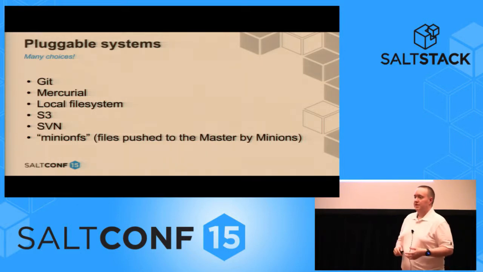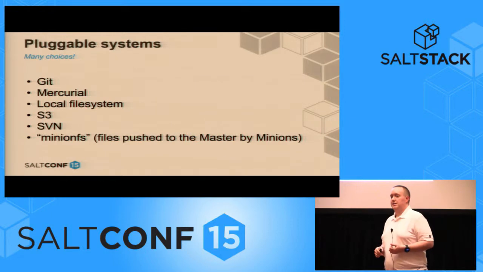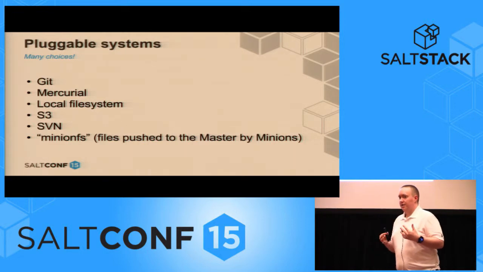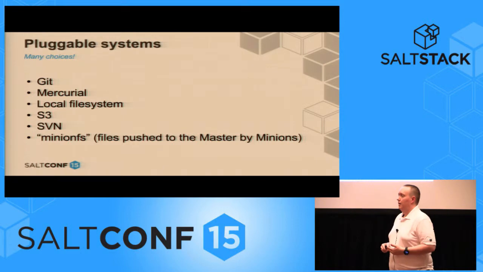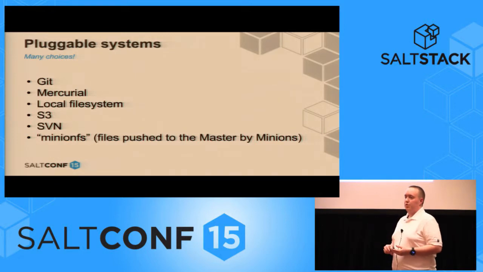What that allows you to do: has anybody ever used the cp.push function? So cp.push is not something that's enabled by default. You actually have to turn on a parameter in the master config file. What that lets you do is take files from the minion and push them up to the master, where they'll sit in the master's cache directory.